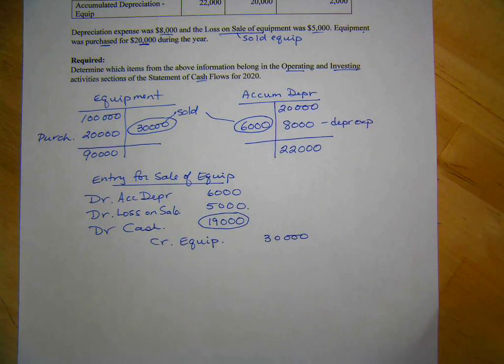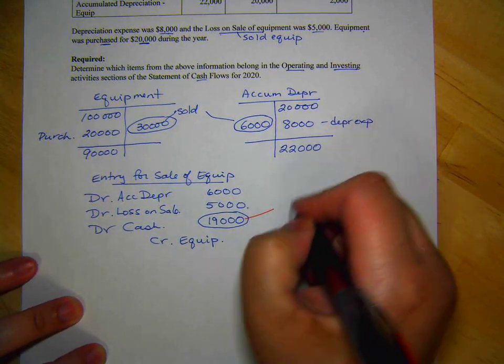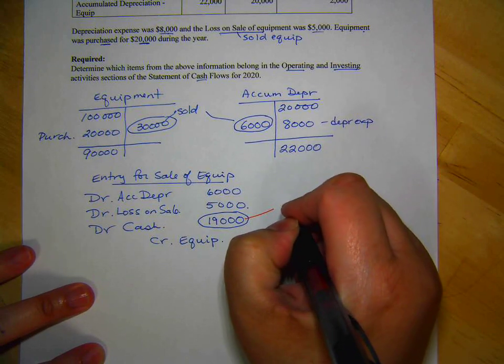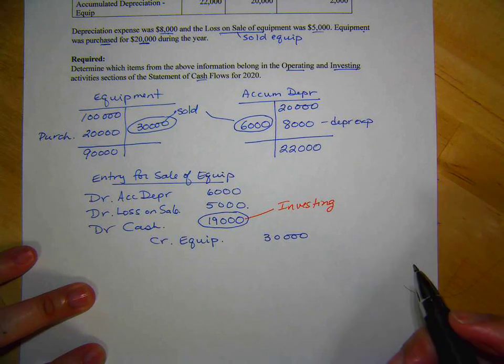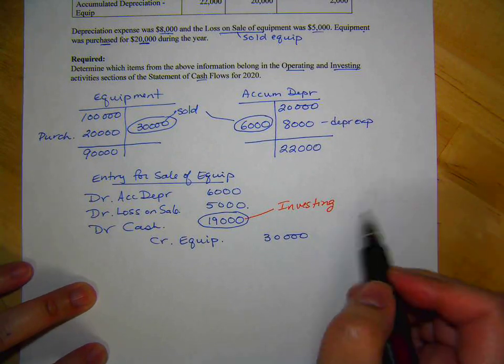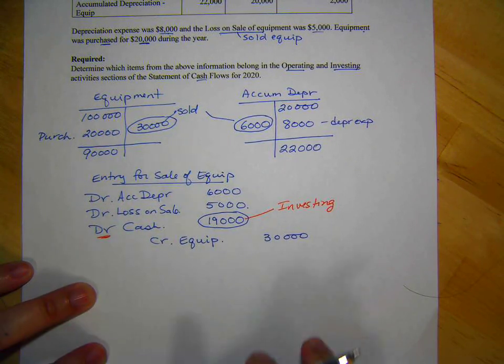This is the amount that goes under investing as cash because we're increasing it.